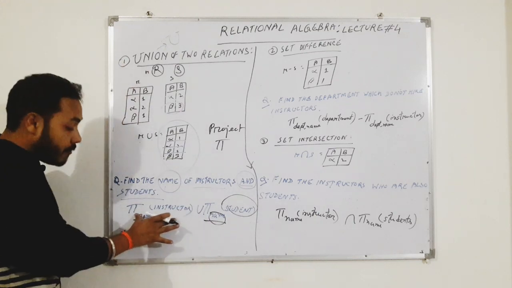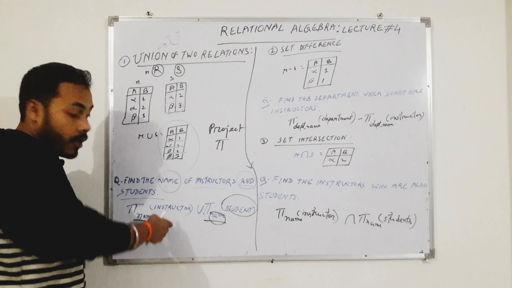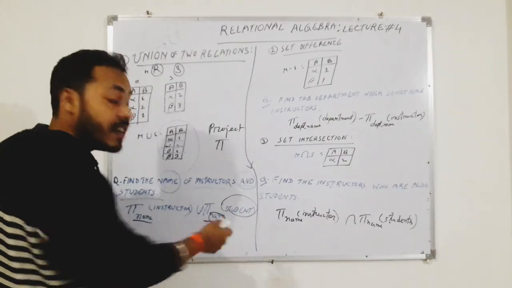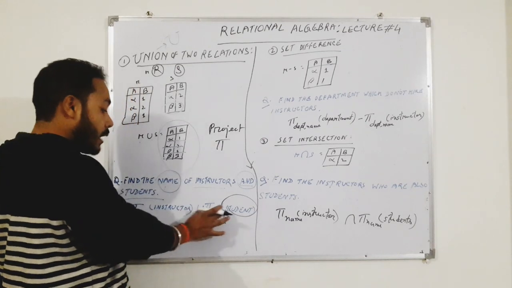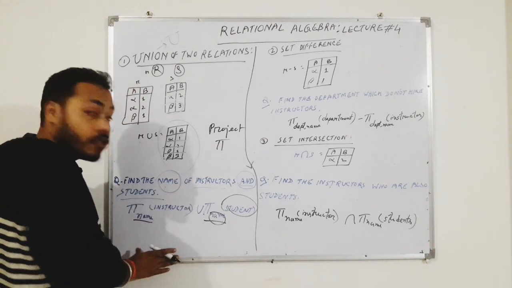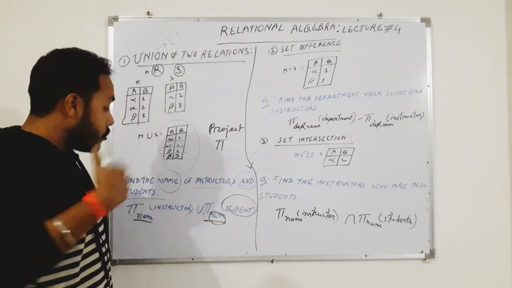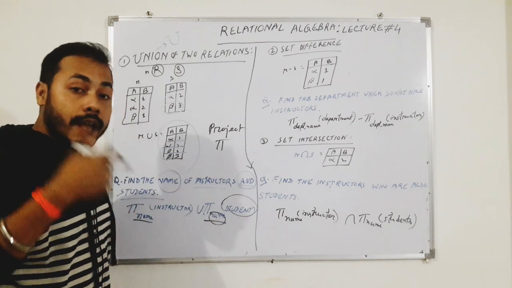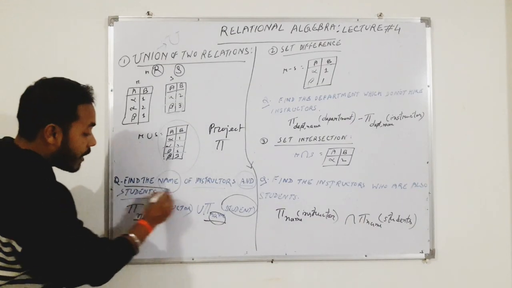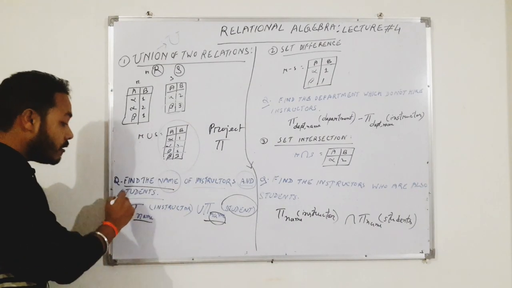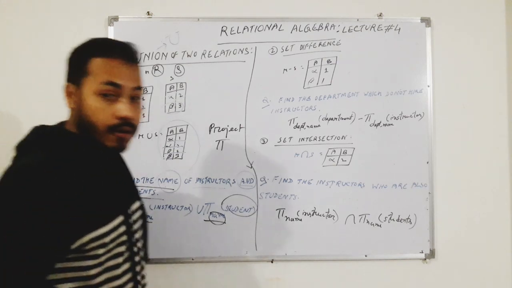The first one gives you all the names of instructors from the instructor table, and the second gives you the names of the students from the student table. Then we take the union, taking all the values from both, and the tuples which are repeating are taken only once. So ultimately we get the names of the instructors and students. Got it? If there is any confusion, ask me through comments.